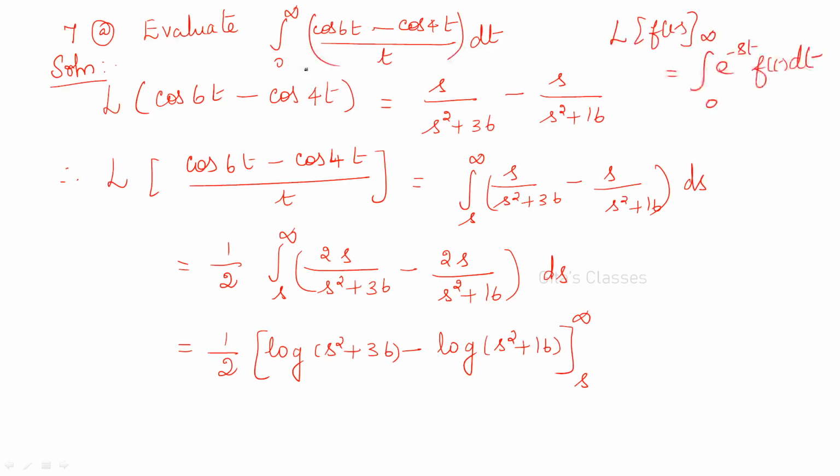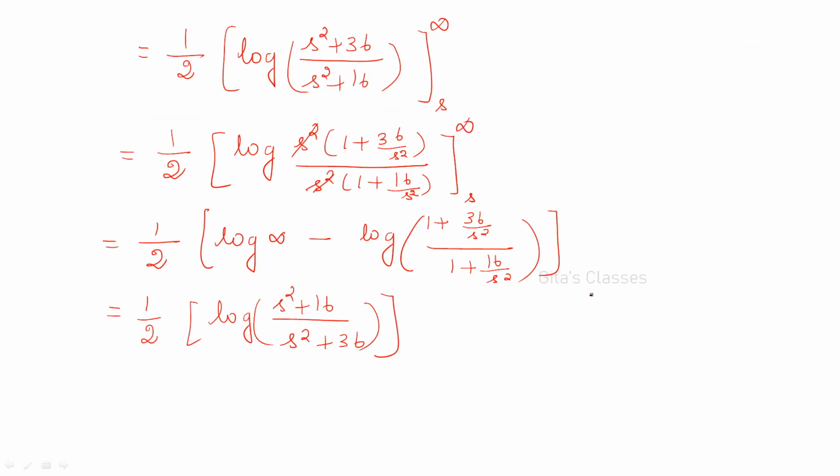Whenever you have something like log of something in s squared, it will become infinity if you substitute. So always try to take s squared outside, and always try to write it in the denominator. s squared should come in the denominator, so that it will become 0 when you substitute infinity.